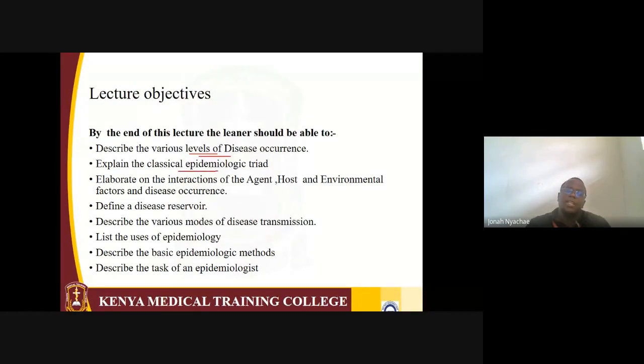We're going to explain the clinical epidemiological triad, to elaborate on the interaction of host, agent, and environment, to define disease reservoir, to describe the various modes of disease transmission, to list the uses of epidemiology, to describe the basic epidemiological method and tasks of epidemiology, which we are taking from the first slide.